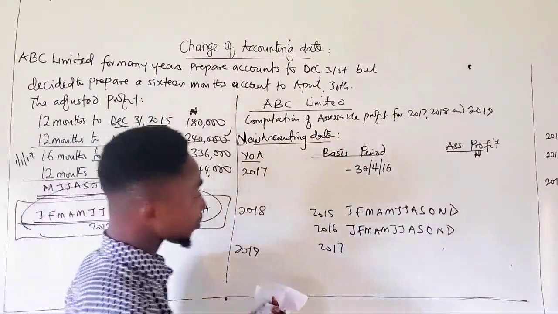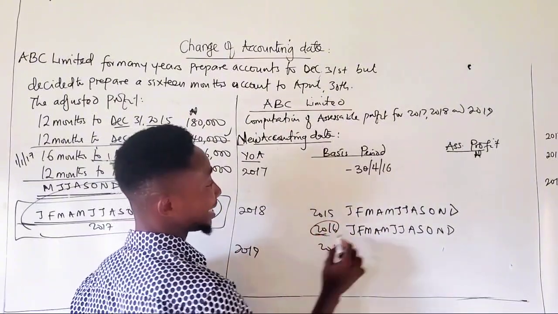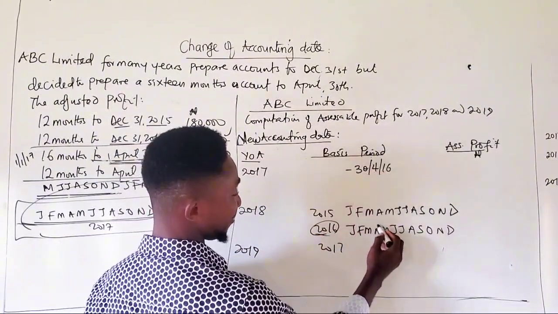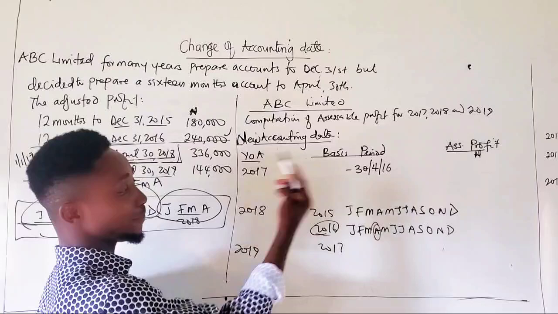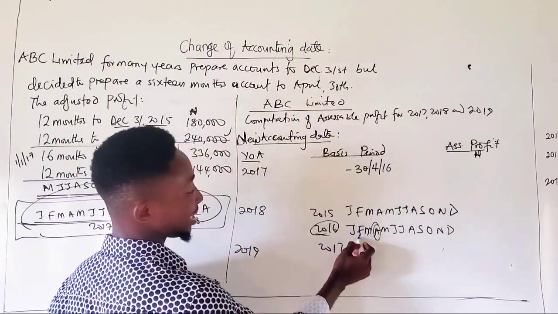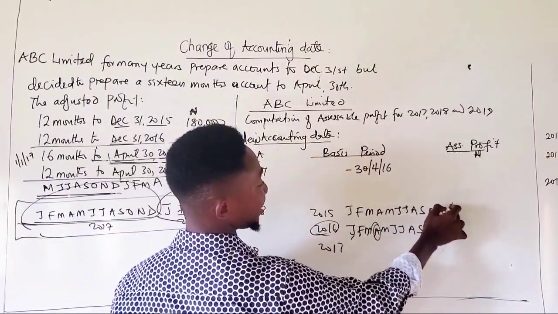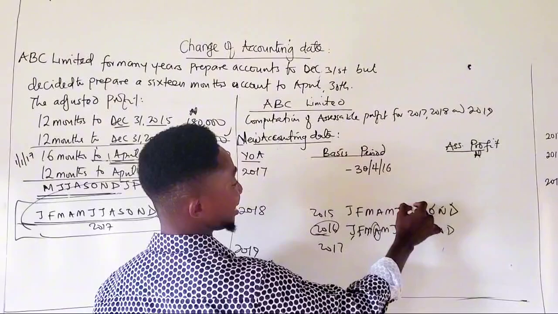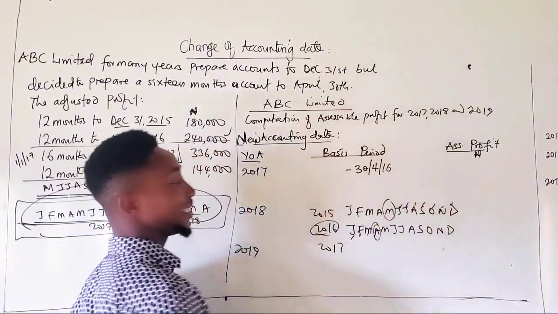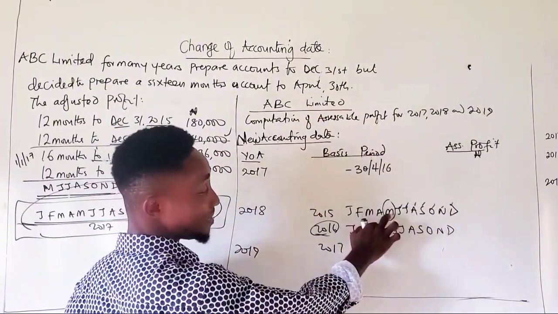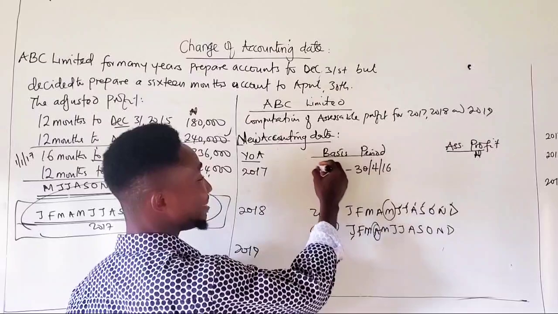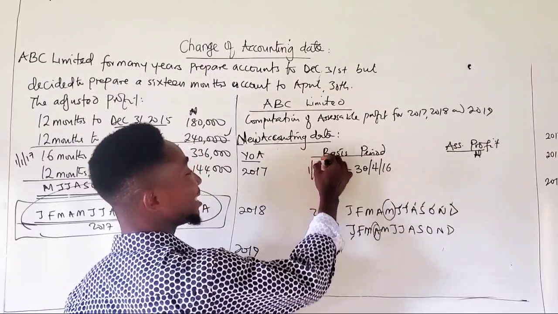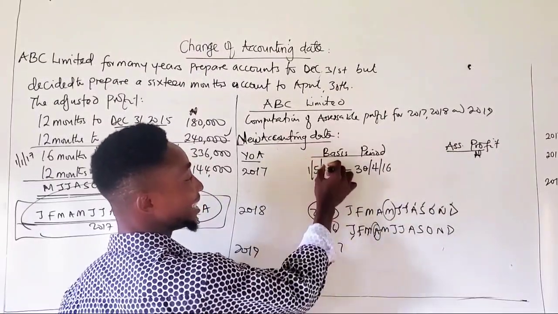Now please follow, this is 2016, and this is 30th of April. Now let's count 12 months back: 1, 2, 3, 4, 5, 6, 7, 8, 9, 10, 11, 12. So they started in which month? This is May. They started on 1st of May, 20 what?